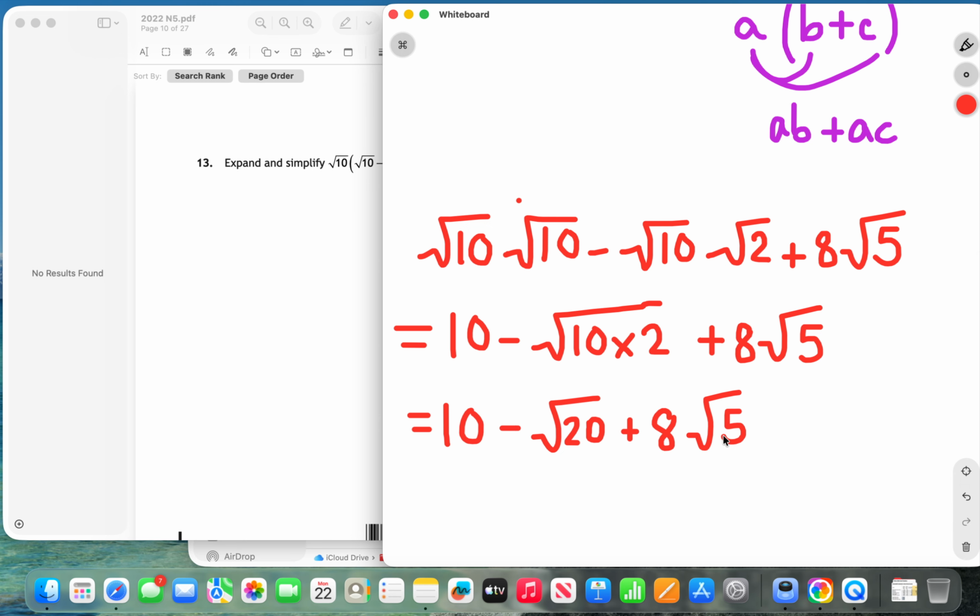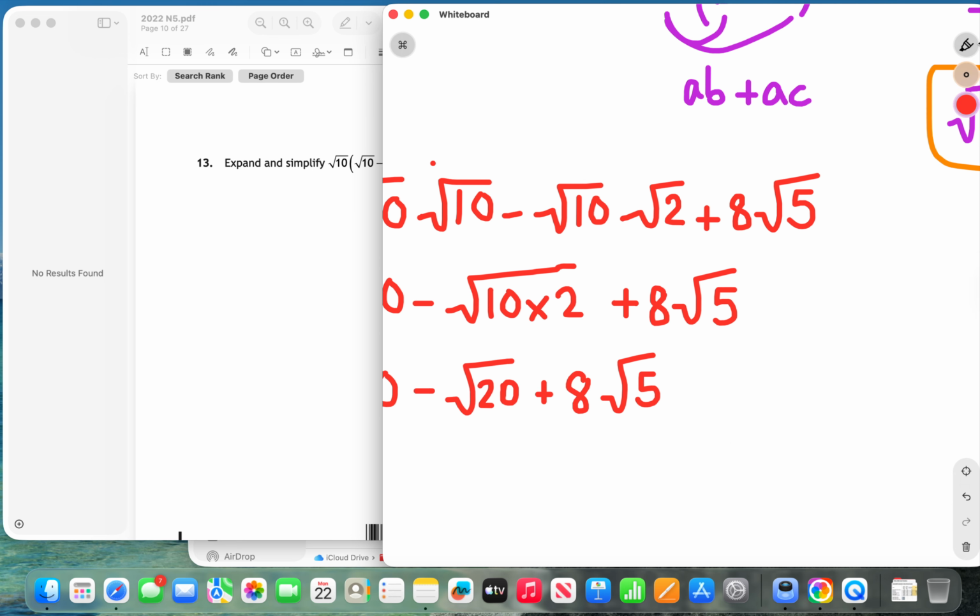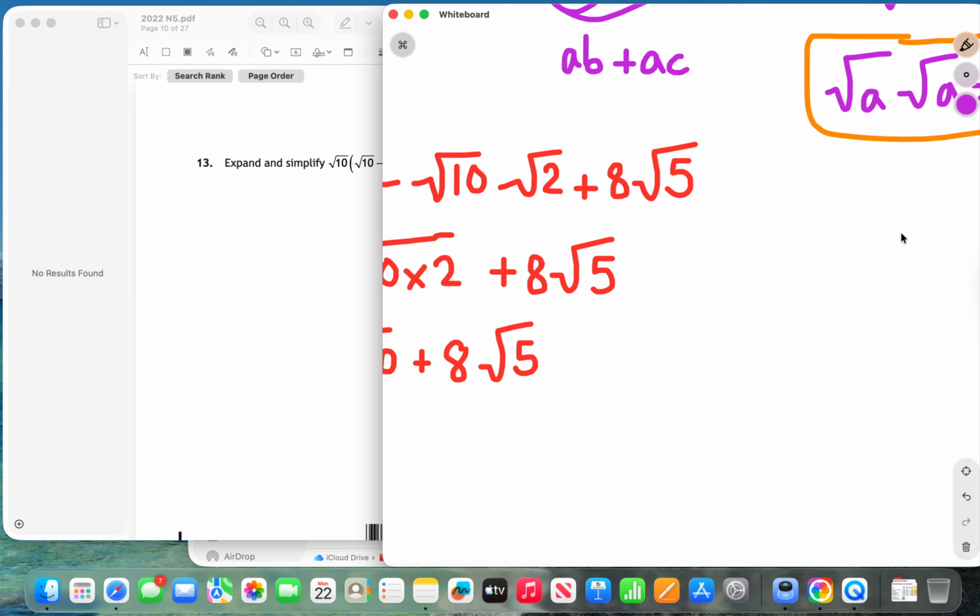We now have to simplify root 20. Now how do we do that? Well, we have to write out all of the square numbers that are less than 20. So you do 1, 4, 9, 16, but we don't include 25 because 25 is greater than 20.